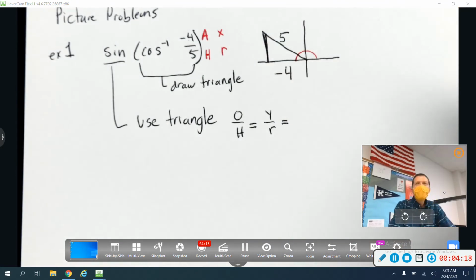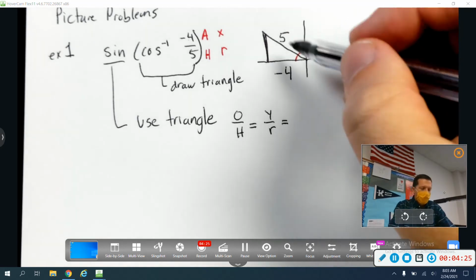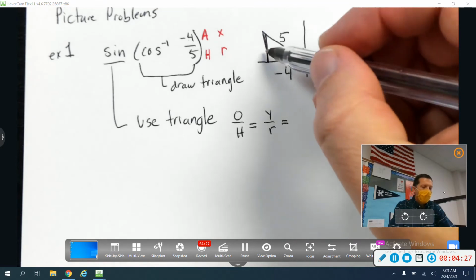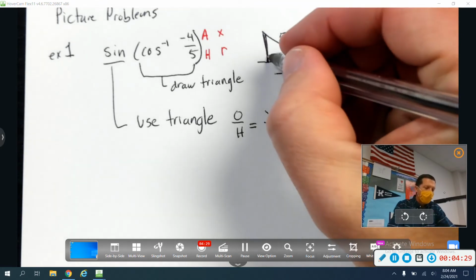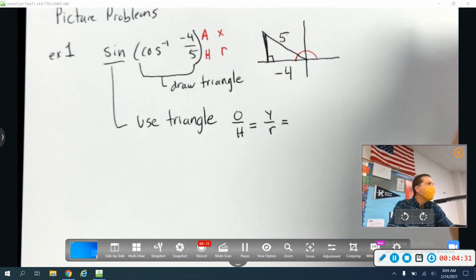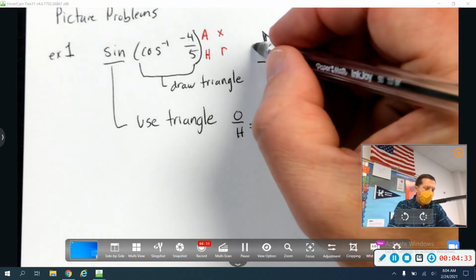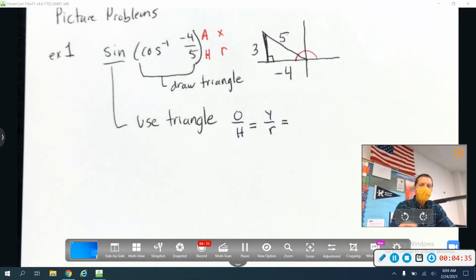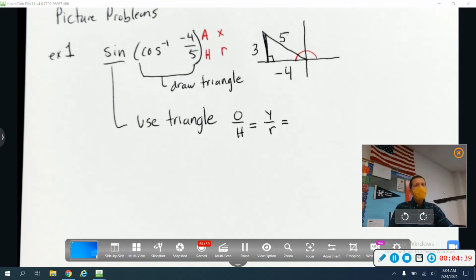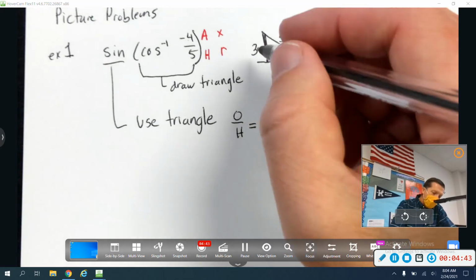But that's an easy one. What's the missing side? A squared plus b squared equals c squared, or it's a special right triangle that we all know and love. Yeah, 3, 4, 5. So it's 3. You do have to be careful about positives and negatives, but since it's up, it's positive, so positive 3.